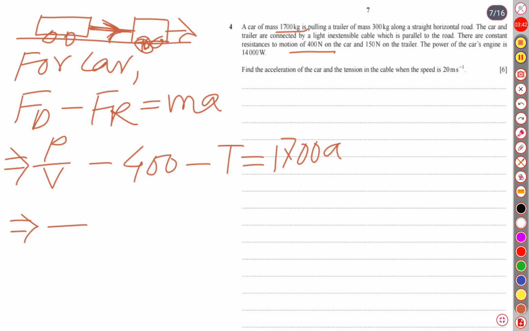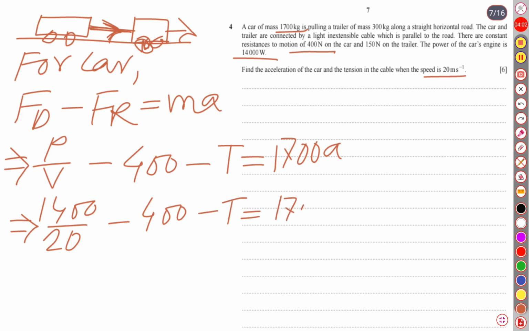Then power is already given. How much is the power of the car? Power is 14,000 watt, so 14,000 watt over velocity. Velocity has also been given. It's 20. Minus 400 minus tension is equal to 1700 into acceleration.